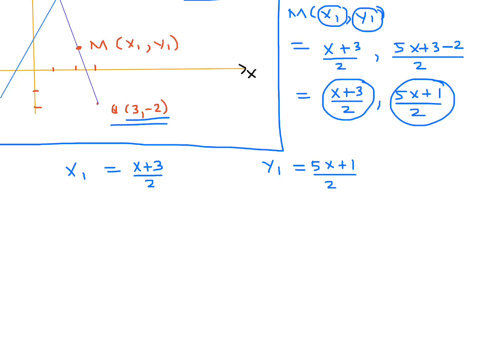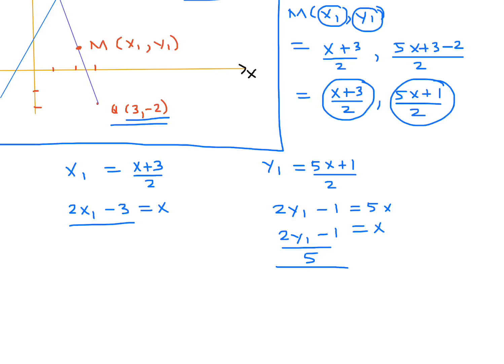Solve for x for both of these, so we get 2x1 minus 3 is equal to x, and over here 2y1 minus 1 is equal to 5x, and therefore x is equal to 2y1 minus 1 over 5. So we have x equal to this, and x is also equal to that, so we can set them equal to each other. 2x1 minus 3 is equal to 2y1 minus 1 over 5.